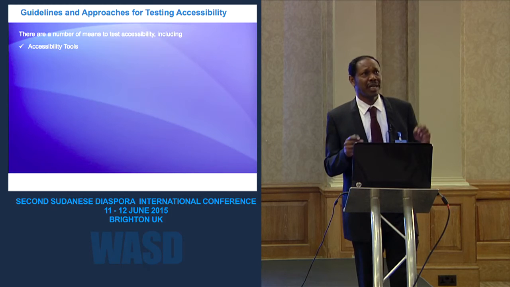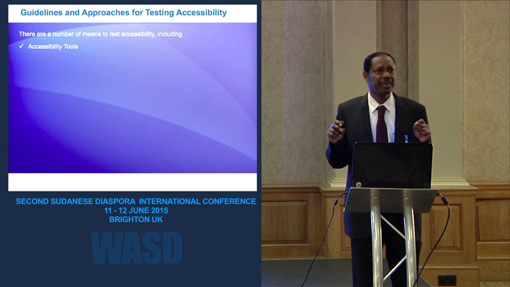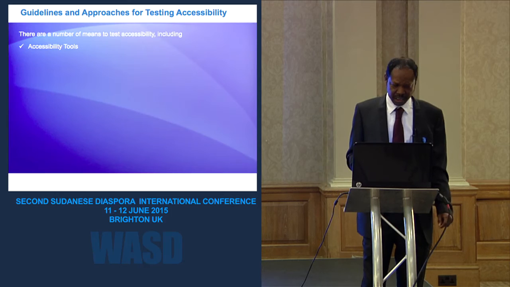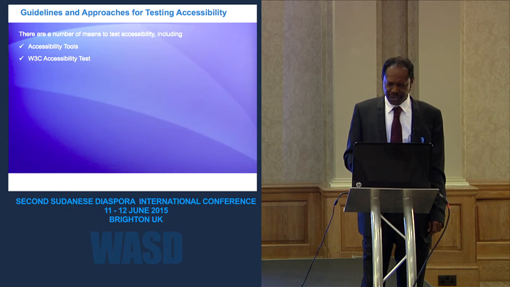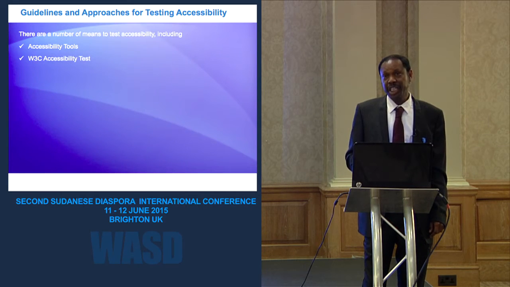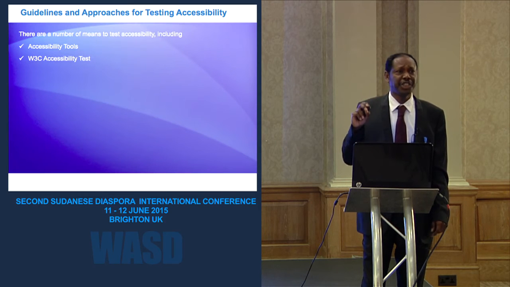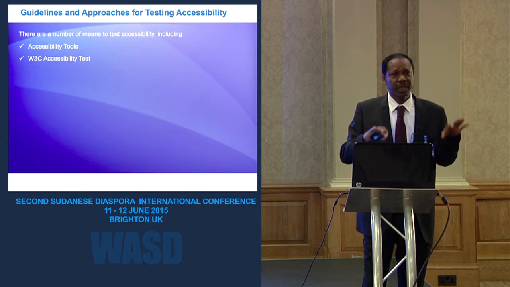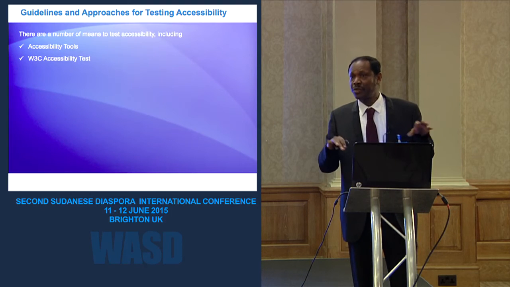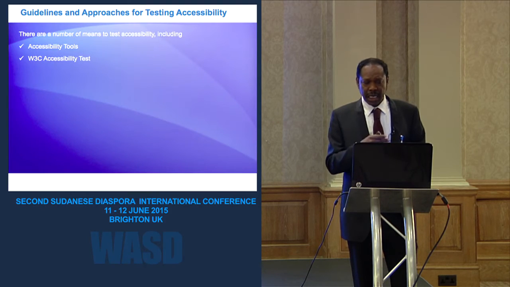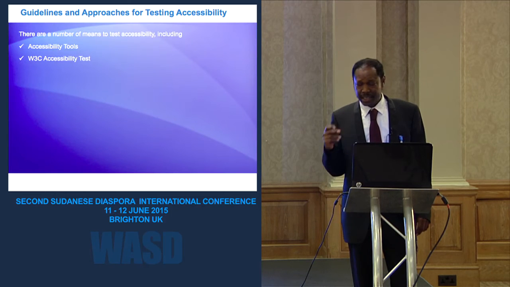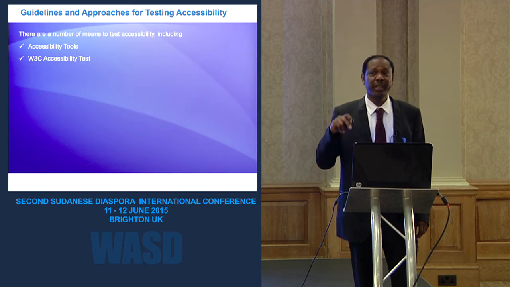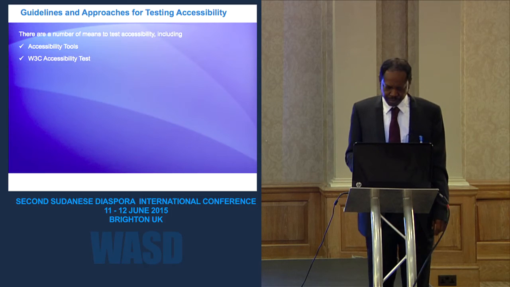This is just to assess and evaluate the web in order to determine if it is accessible or not. The W3 accessibility test is to validate HTML files on the website when you insert the address into these validators. W3, the World Wide Web Consortium, tests the website for whether it's accessible or not.